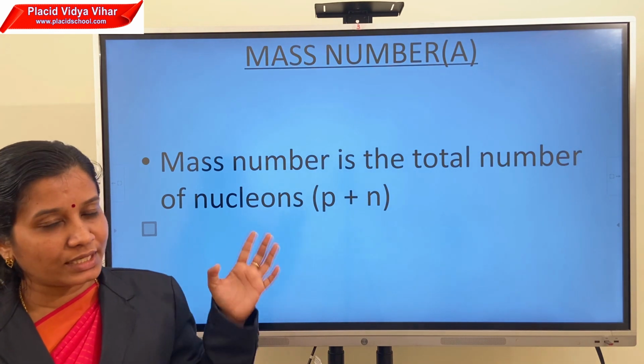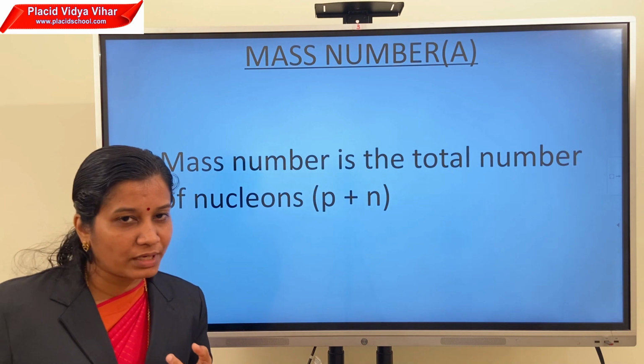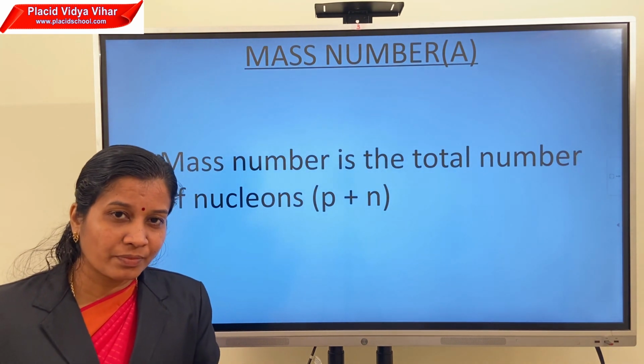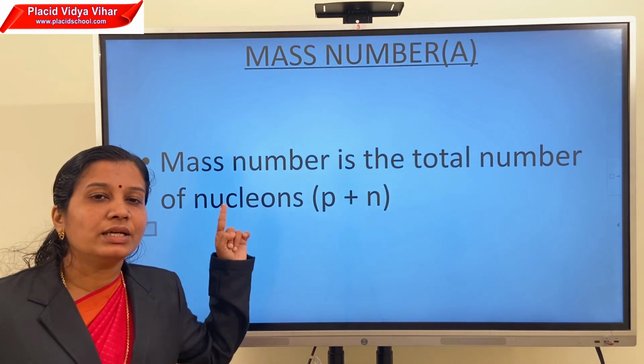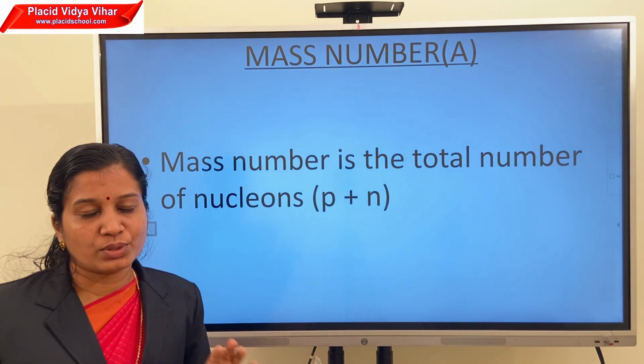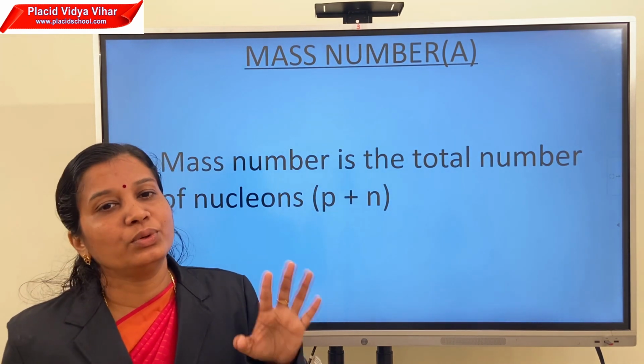So atomic number is equal to the number of protons, and mass number is equal to the number of protons plus the number of neutrons, or in one word, the number of nucleons.